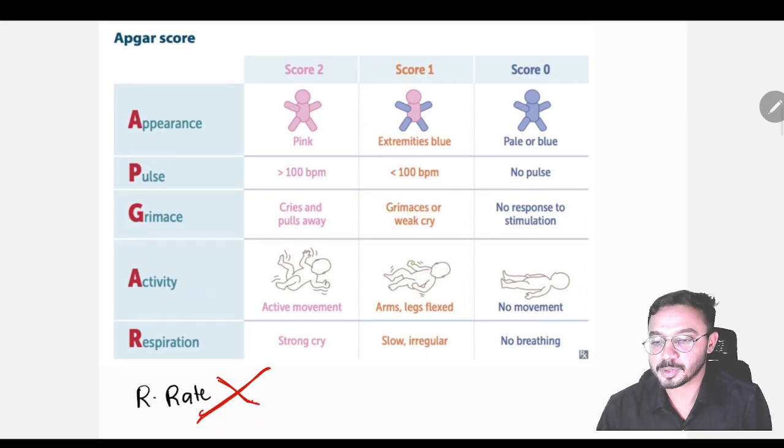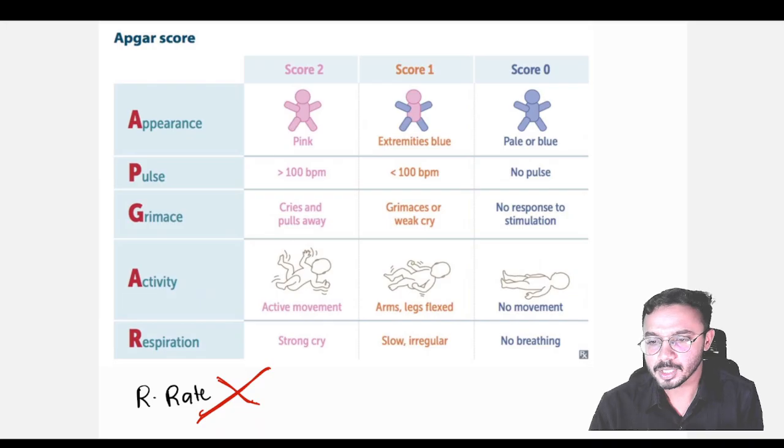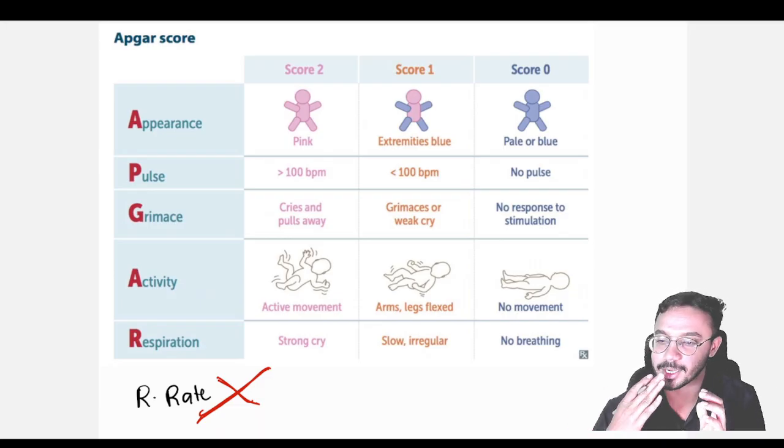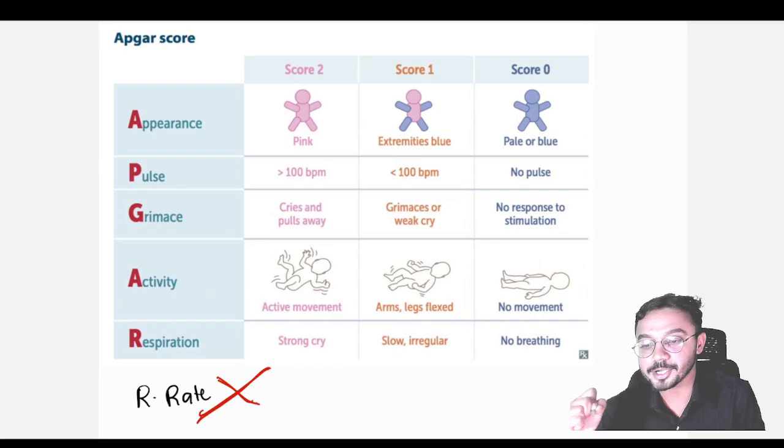And look at the scores. Score 2, score 1 and score 0. So if by looking at the baby after delivery you see the baby is completely pink, then you are going to give the score 2. And if you find that the whole head and body are pink, but the extremities are blue, that is known as peripheral cyanosis, then you are going to give score 1.